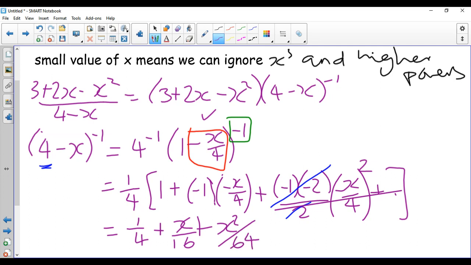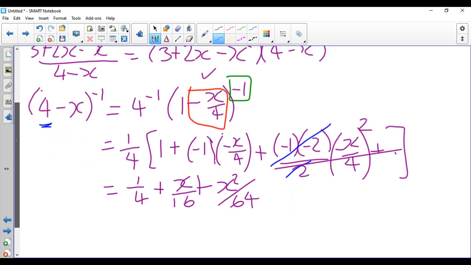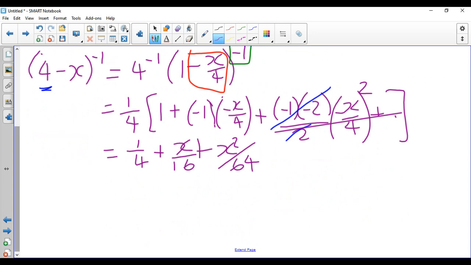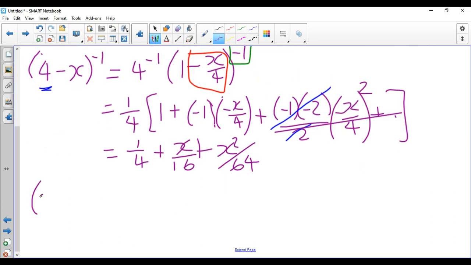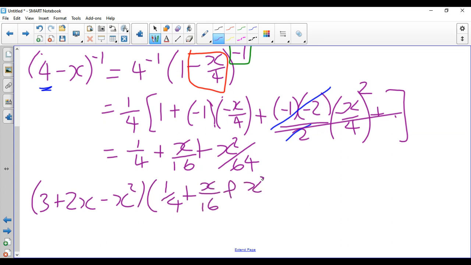If you wanted to do that in 2 stages, so just the bracket first and then times by a quarter, that's absolutely fine. Now I've got my expansion for that. What we have to do is multiply it by the 3 plus 2x minus x squared, times my quarter plus x over 16 plus x squared over 64.